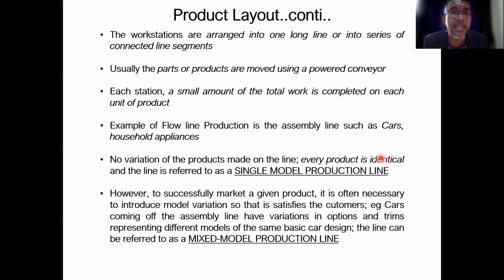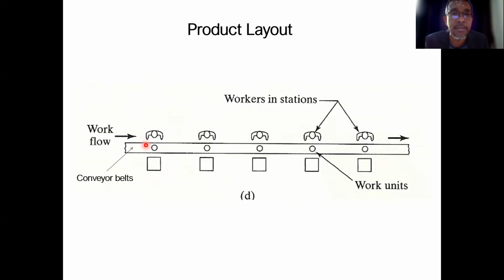Product layout normally uses a conveyor. They use specific machines. Each station has a small amount of the total work to complete for each product. So normally we use line balancing. For example, this operator will work for 30 seconds, or 1 minute.